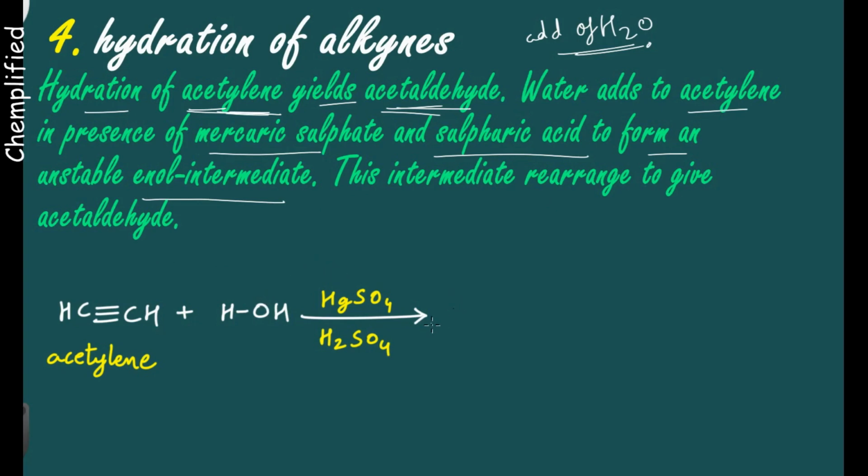Now the first step is formation of unstable enol intermediate. This is your unstable enol intermediate. Now after some rearrangement, you will get the final product.